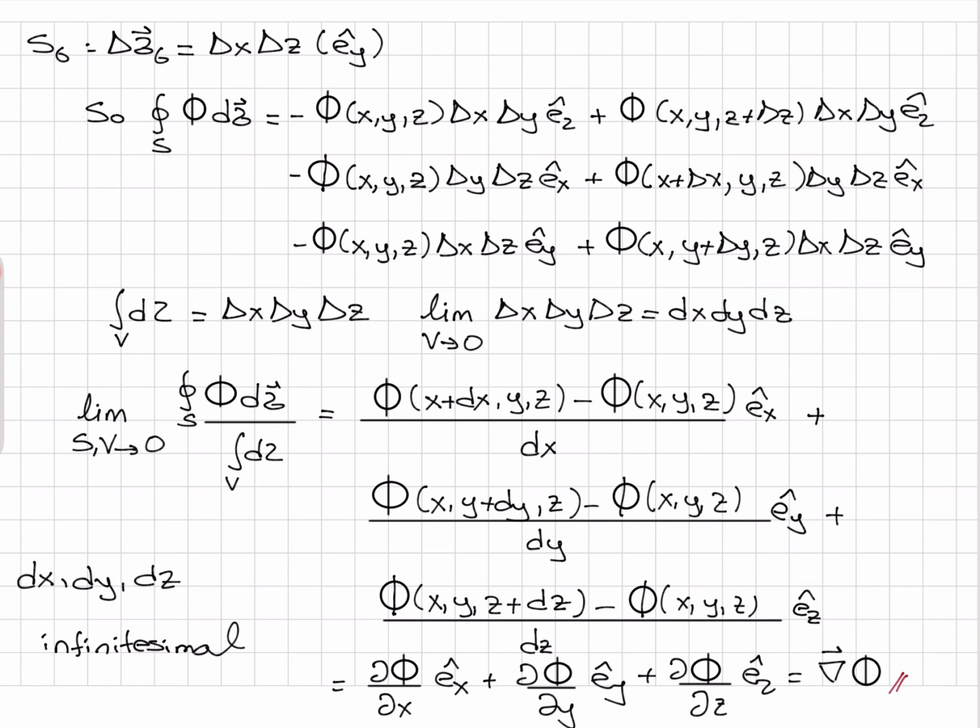These cancel, so I'm left with dx. Similarly for this one, and I do this for all the terms, in the limit as delta x goes to 0. This is the definition of derivative, so that's the partial derivative of phi with respect to x ex hat, with respect to y ey hat, and with respect to z ez hat, which is indeed the gradient of phi.